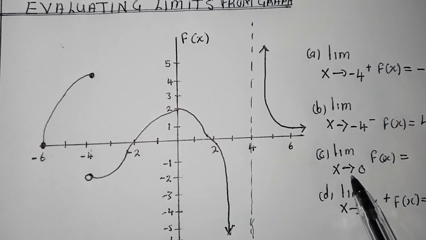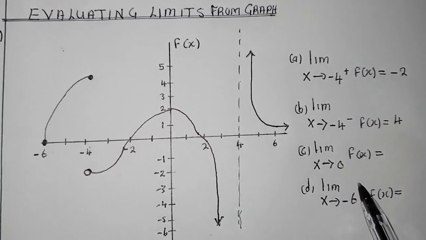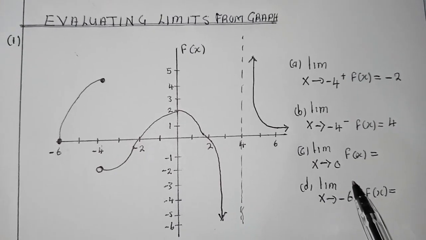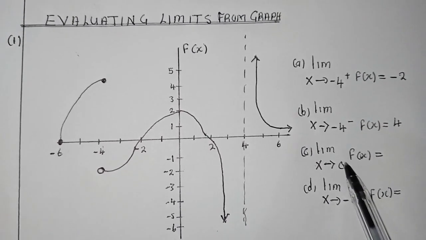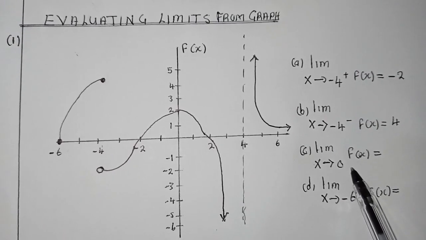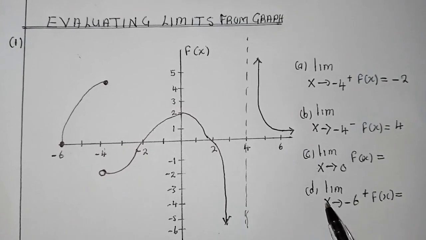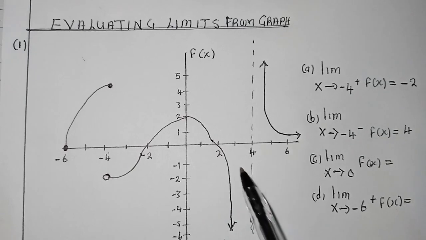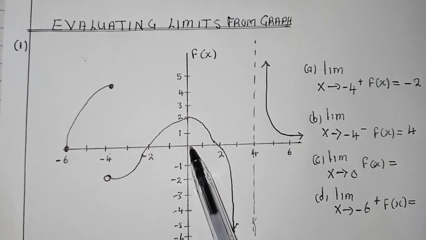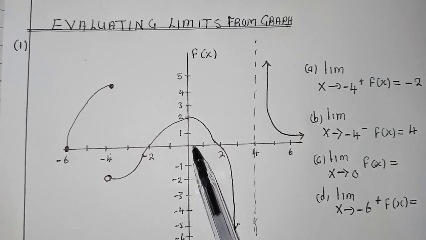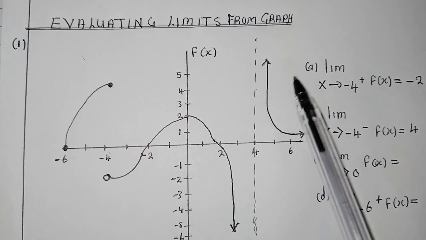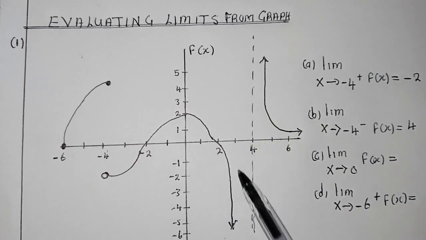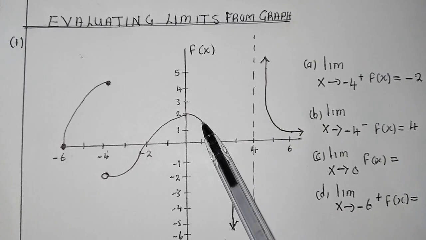Limit as x approaches 0. Okay, since there is no direction here, we'll try to approach this function from both sides. So in this case, we know that our 0 is here. If we approach from here, where we climb the rope, we fall here, we start going in this direction.